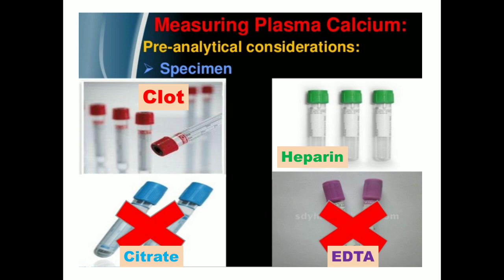If you used citrate or EDTA, then they will bind your calcium and you will get a wrong result. So either clotted blood, so serum calcium, or if you want to measure calcium in plasma, the only anticoagulant you can use is heparin. Clot or heparin, nothing else.